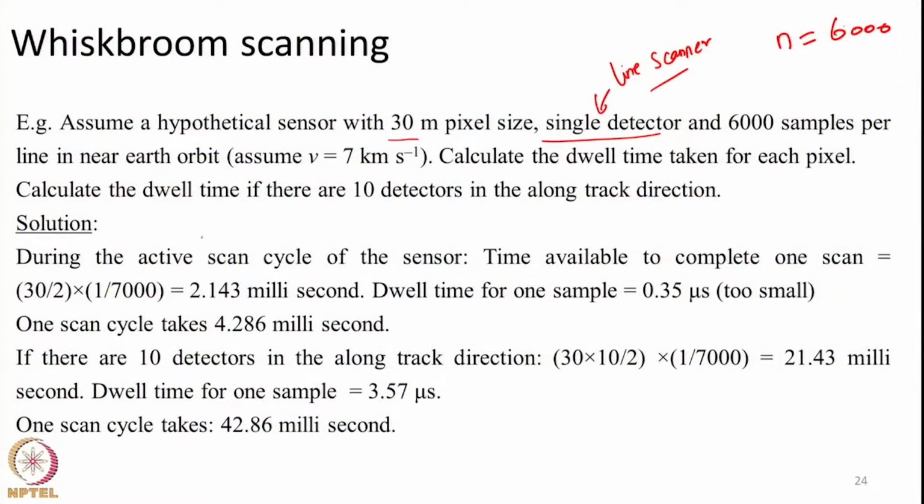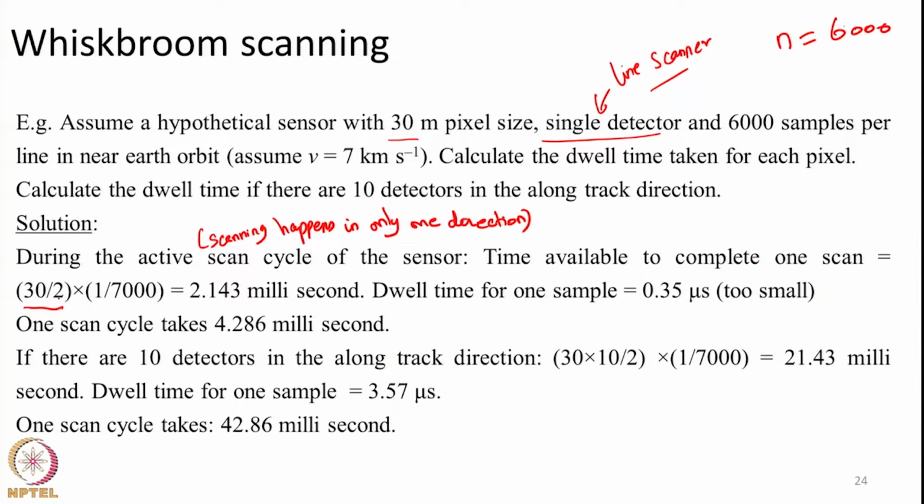So, here we will see what will be the time available if the scan is happening in only one direction. Okay. So, during the active scan cycle, we are assuming scanning happens in only one direction. The time available to complete one scan is 30 by 2.